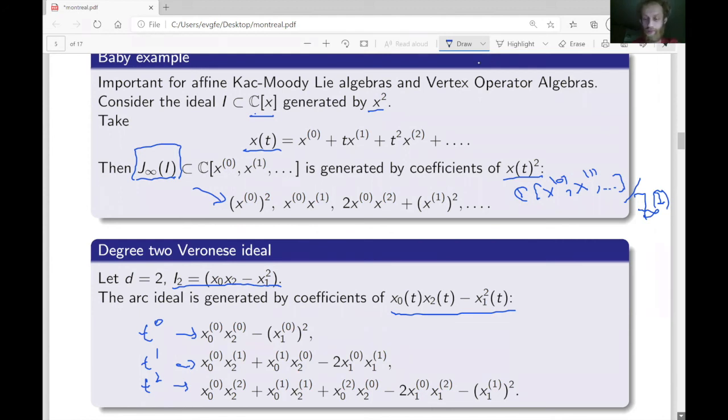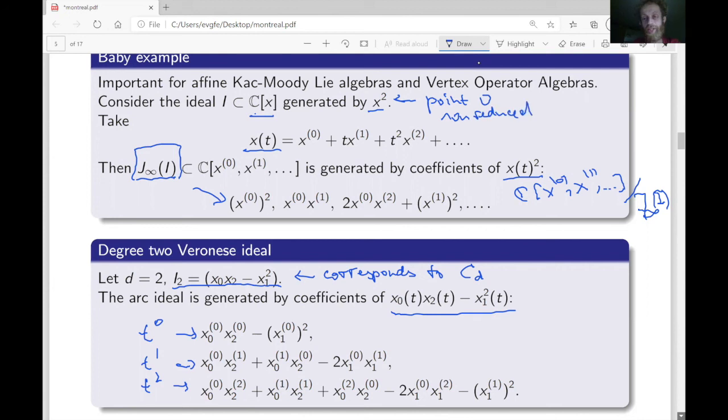So the difference is that this corresponds to CD. So this is a projective variety inside a projective space, and this x squared corresponds to a point 0, but non-reduced.